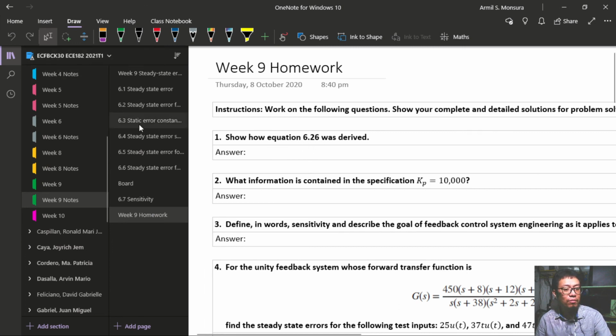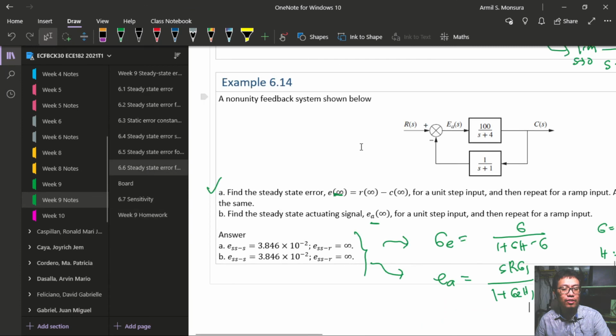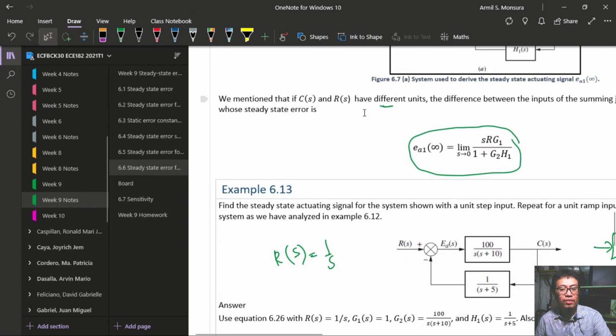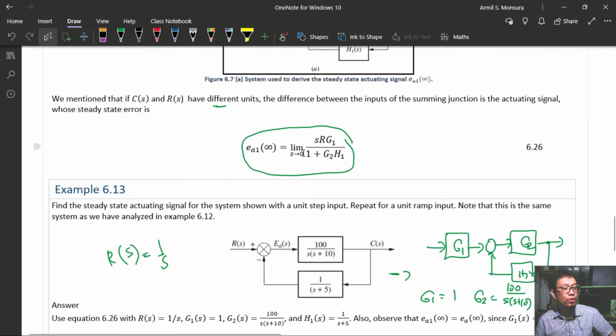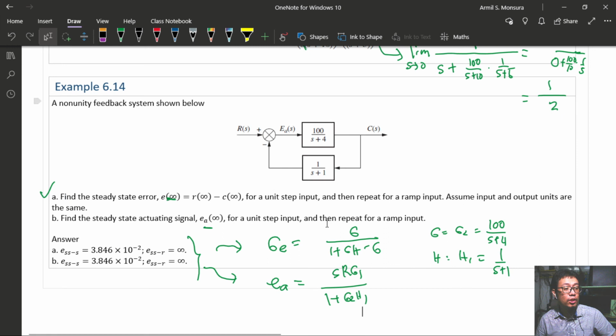Okay, so ito yun. Yung equation 6.26 is basically ito. Yan. That's your equation 6.26. So, yan yung nasa homework niyo. You will be asked to derive this equation. Okay, so please do find a way para malaman nyo kung paano yung derivation to. Para malaman nyo rin kung paano kumuha ng actuating signal. Okay. So, and then, again, work on example 6.14 on your own so that ma-practice nyo yung paggamit ng mga formula.